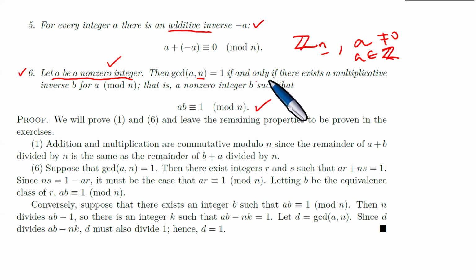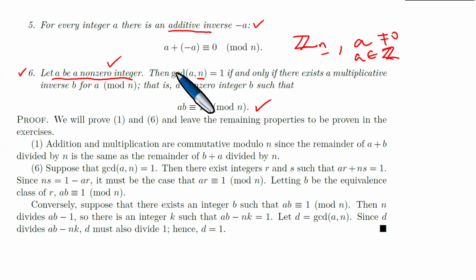It is true if and only if there exists a multiplicative inverse b for a modulo n. That is, a non-zero integer b such that ab is equivalent to 1 modulo n. So take note of that.